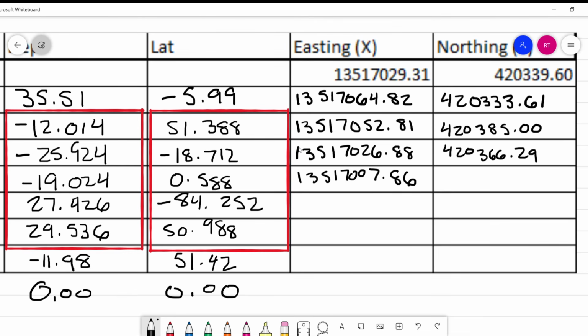The northing of blue is now 420366.88. Now the easting of orange is going to be 1351735.29. The northing is going to be 420282.63.